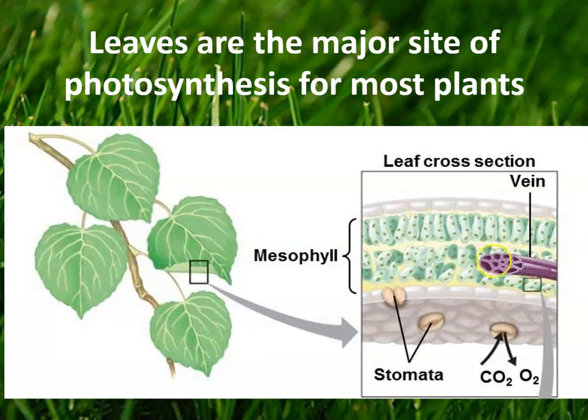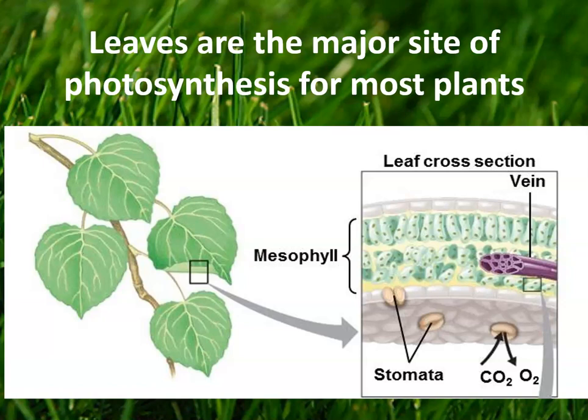There's also veins. This could be the xylem or phloem, or possibly both. These are specific tissues for conducting water and other substances through the plants, from, for example, the roots to the stems to the leaves. This is like the highway for those substances to be transported.